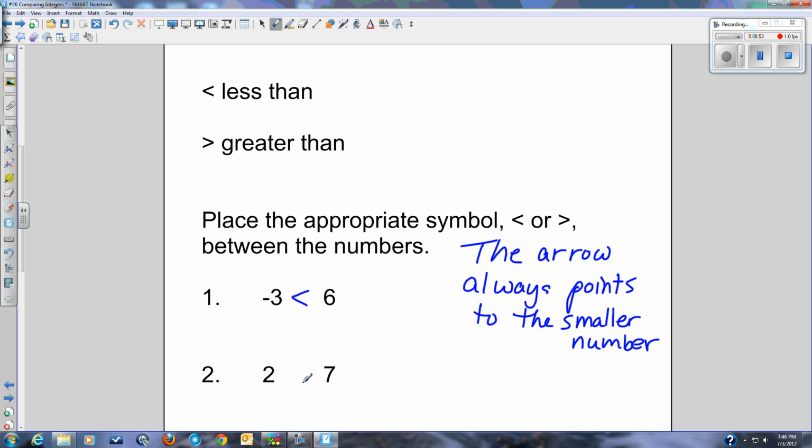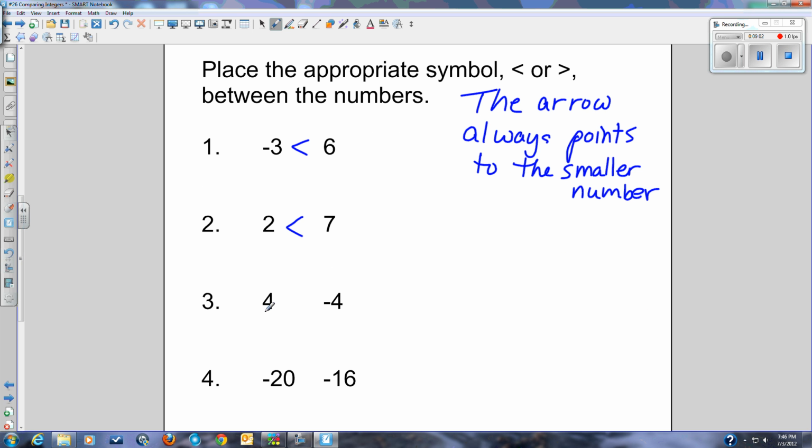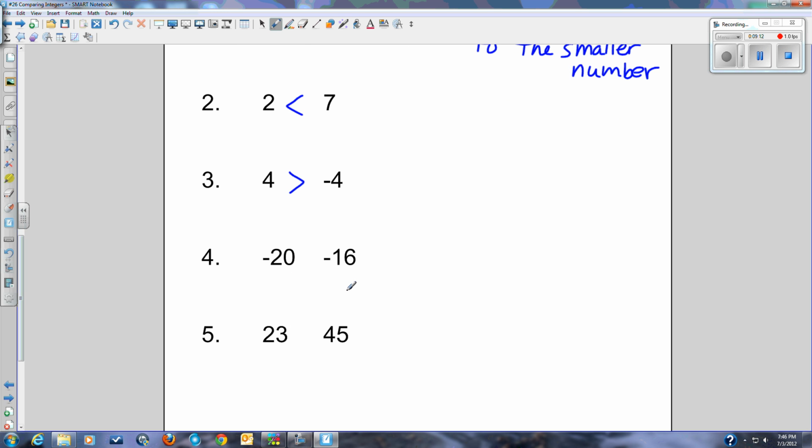For 2 and 7, ask yourself which one's smaller. Well, 2 is smaller, so the arrow will point to the 2. 4 and negative 4, which one's smaller? Negative 4 is, so the arrow will point to the negative 4. Negative 20 and negative 16.